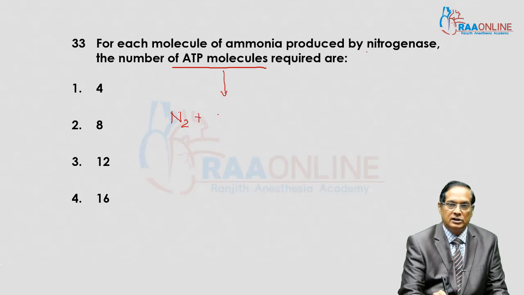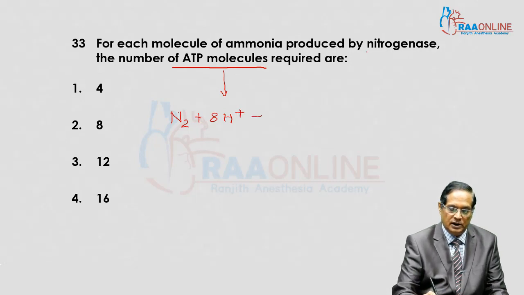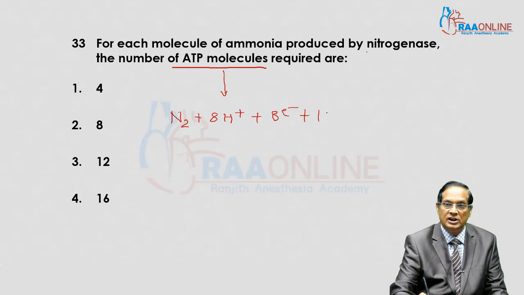Then 8 protons are needed for this, because it's a reduction process, plus 8 electrons and 16 ATP. Here 16 ATP are required by 2 nitrogen.